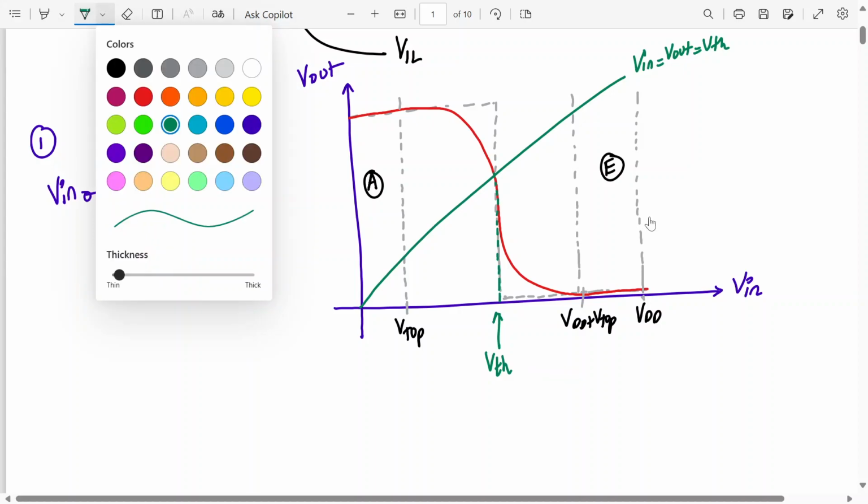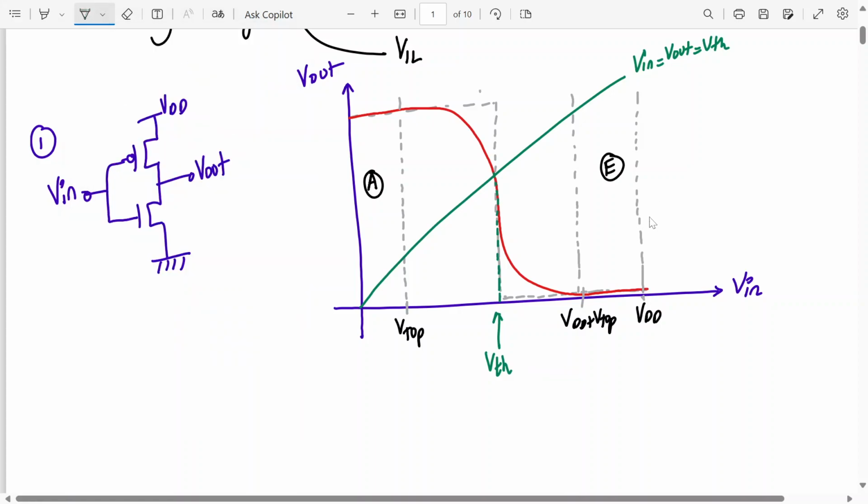And for a very brief range, this region we can call region number C. This very brief region compared to this, we have region number C. We are not defining it right now. So we are calling it region number C, near this switching threshold. So in A, we have NMOS off, in E we have PMOS off, and in C both are on. This is properly defined. Okay.